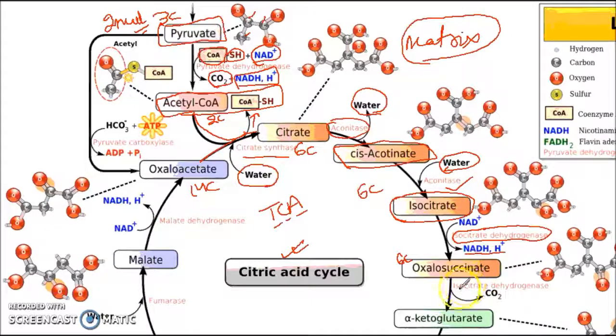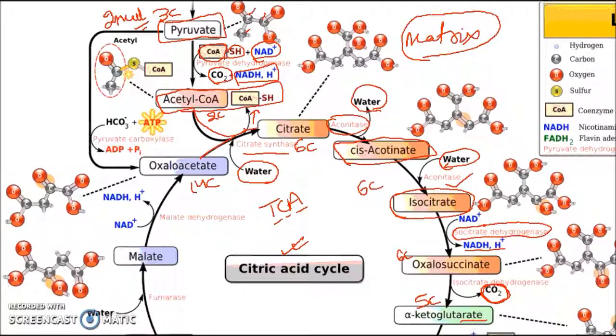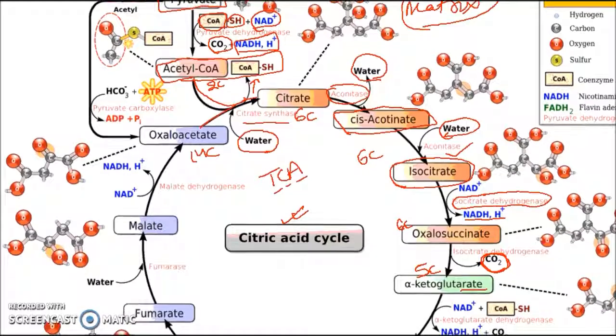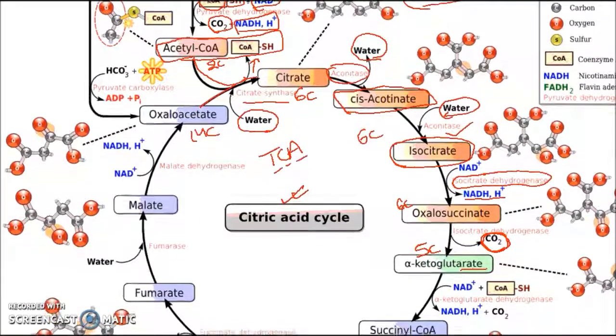Oxalosuccinic acid undergoes decarboxylation with the removal of carbon dioxide, converting to a 5-carbon compound called alpha ketoglutaric acid. Now what happens to this 5-carbon compound?